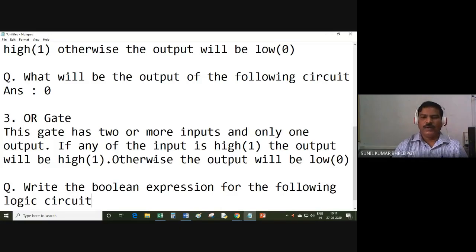I will draw one logic circuit and then you have to write the equivalent Boolean expression for that logic circuit. If you perfectly draw the logic circuit and perfectly find the Boolean expression, then I can understand that you have understood the concept very clearly.